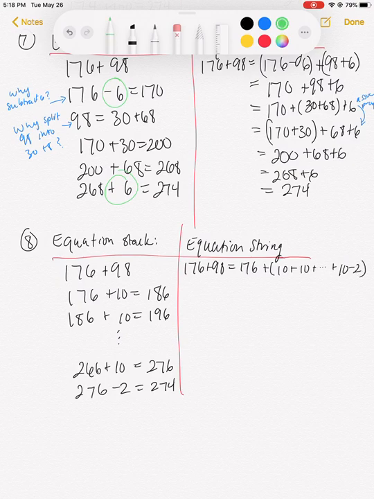Okay, so this right here is 10 sets of 10. And so they did that one by one. They kept adding them on. 186 plus 9 sets of 10. And so on until they got to 276 minus 2, which is equal to 274. Okay.